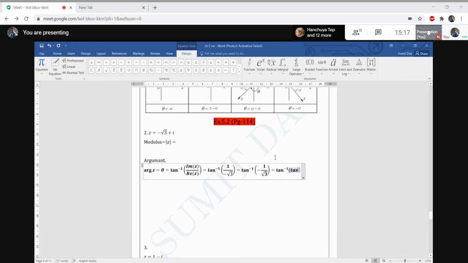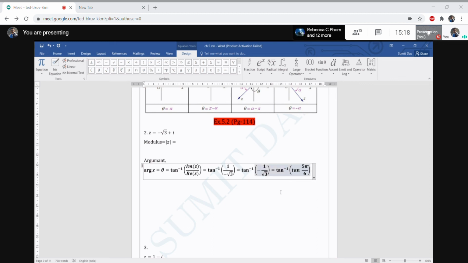Okay, tan is negative in the second quadrant or third quadrant also, right? So if you do like this, this will be tan of 5 pi by 6. So tan and tan inverse will cancel.